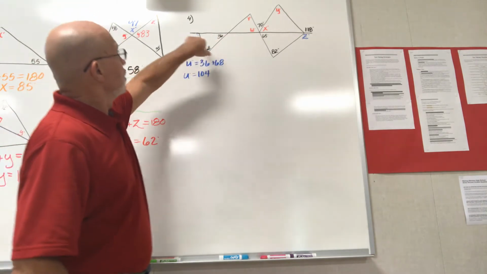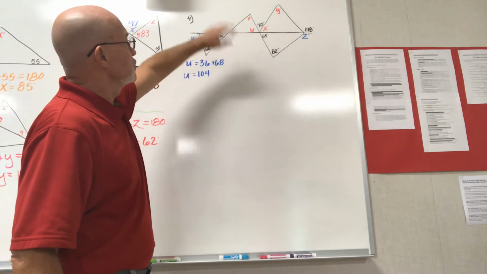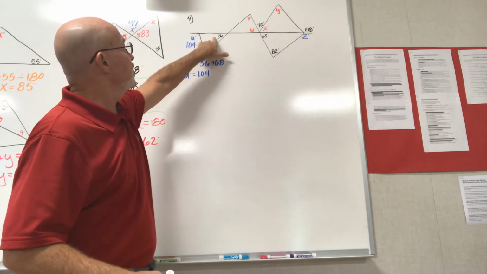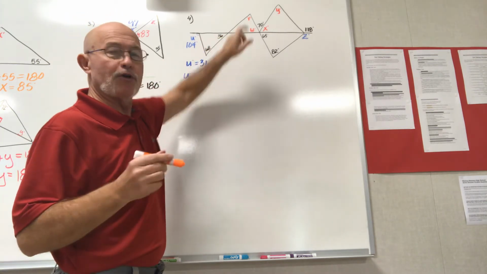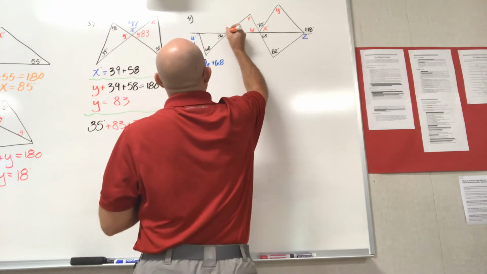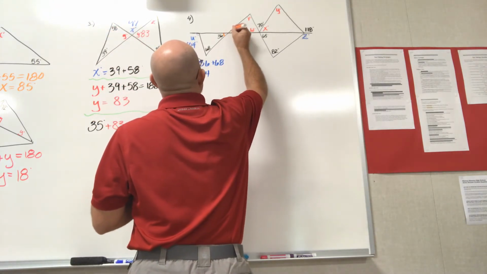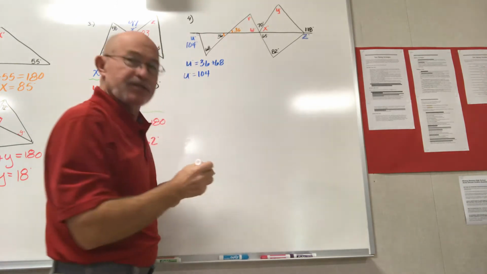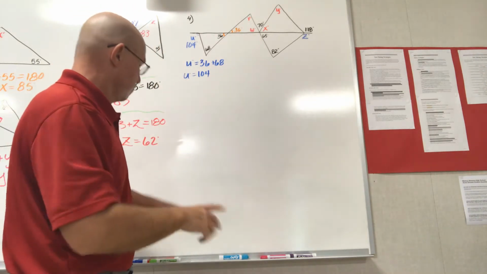Moving across, go anywhere. Things I've noticed that I'm going to do: this angle and this angle are vertical. They have to be equal. Pretty sure that's going to come into play in a second.